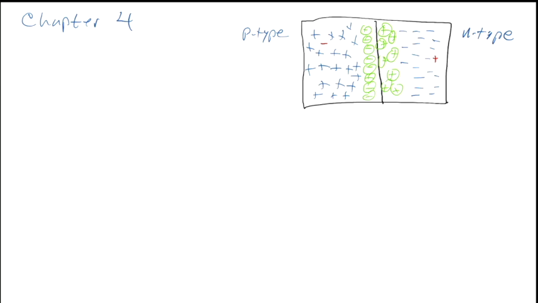This structure, this p-n junction, is so common, and we use it for all kinds of things, that we have a circuit symbol for it. It's a diode.